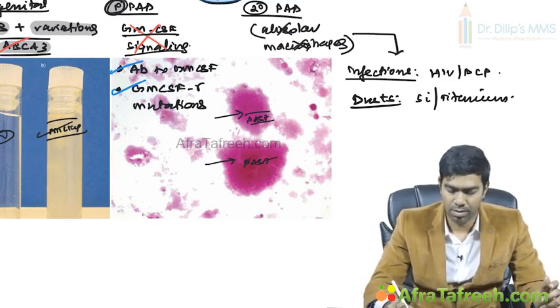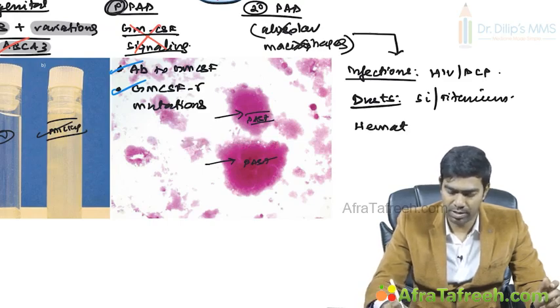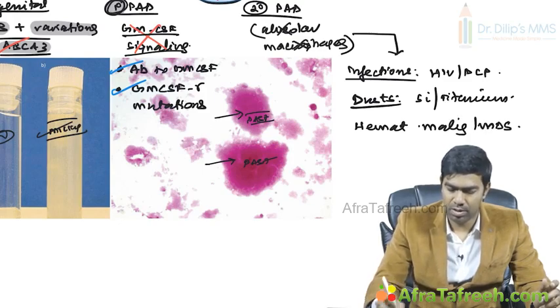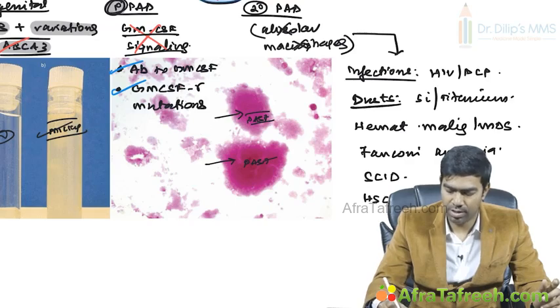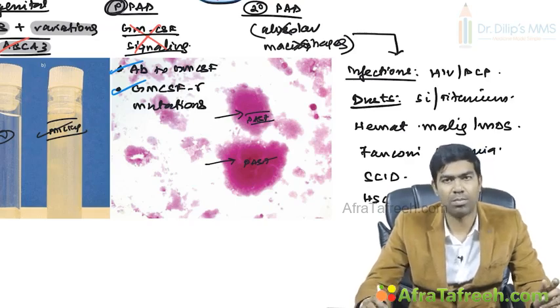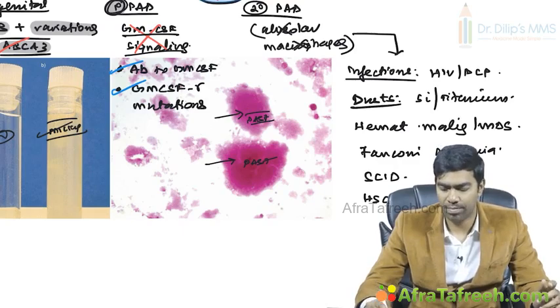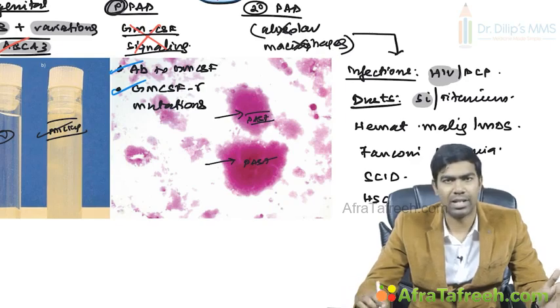Clear? It can happen with certain hematological malignancies and myelodysplastic syndrome, and certain immune defects like Fanconi anemia, or certain other conditions like SCID and hematopoietic stem cell transplantation. These are some of the important conditions that can cause PAP, but in general, we'll think about silica and HIV as a basic entity, especially when the patient is not having any other problem.